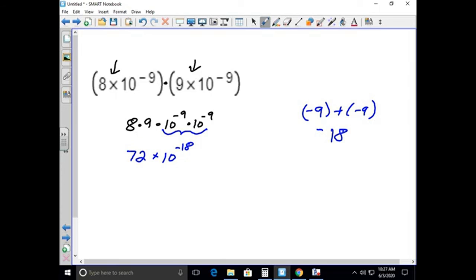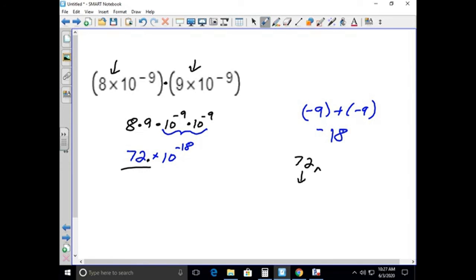Notice the number out front has 2 digits to the left of the decimal, not just 1, because our understood decimal is there. So there are a variety of ways of going about doing this. For some people, the simplest way is just to convert 72 into scientific notation and proceed from there.